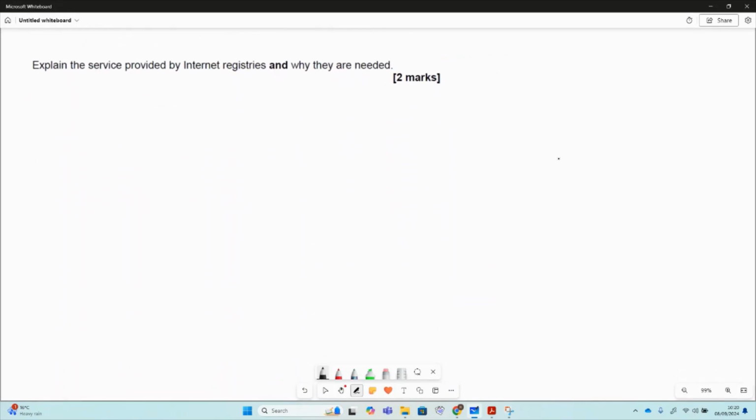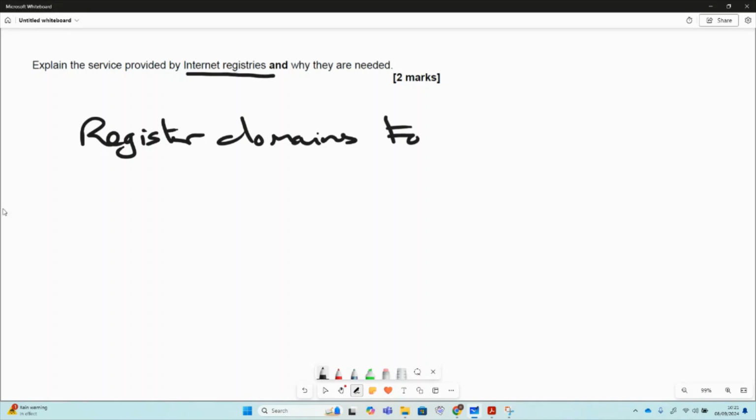So the last bit on this one was explain the service provided by Internet Registries. Internet Registries are a company that allows us to register domain names. So their primary purpose is to register domains to people.